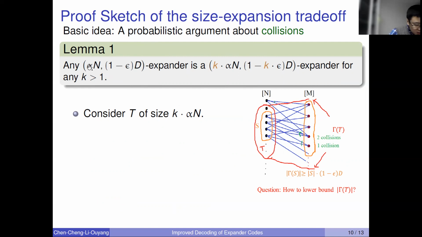Lemma 1 is saying that given any expander with the guarantee that any subset of size alpha n has expansion 1 minus epsilon times d, we can show that any subset of size k times alpha n has expansion 1 minus k epsilon times d.